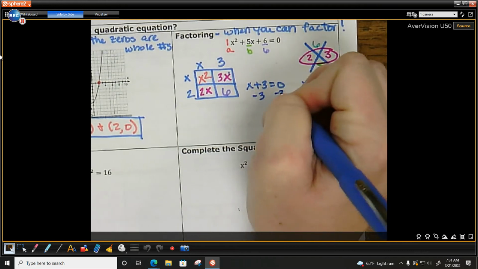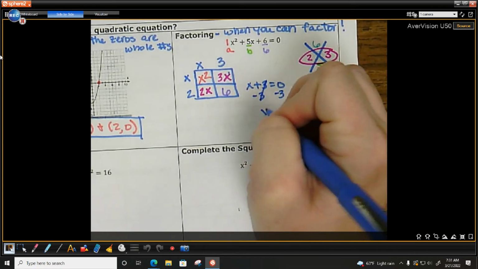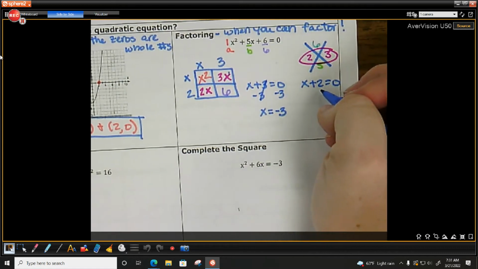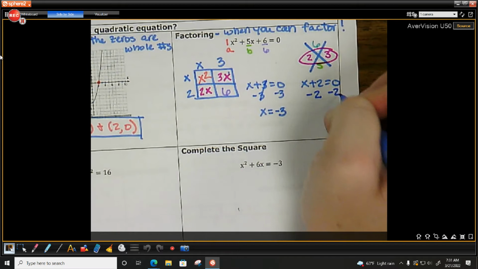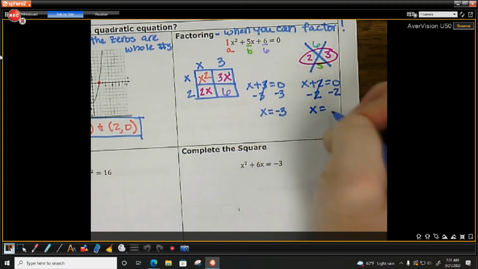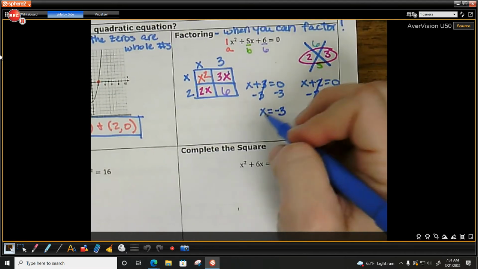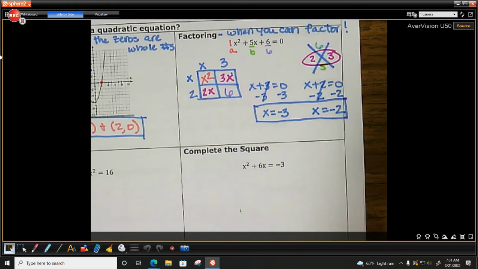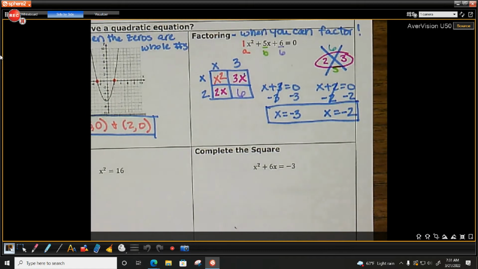Minus 3 on both sides. And I get x equals negative 3. What do I do here? Minus 2, and we get x equals negative 2. Remember, that is a correct way to write your solutions. You can just tell me the two x values.